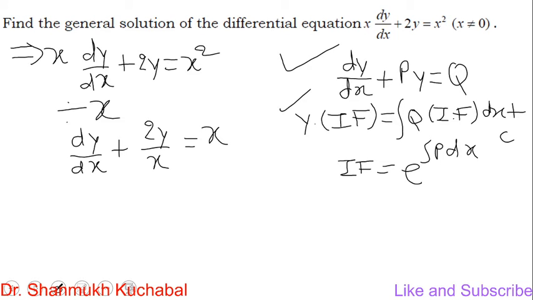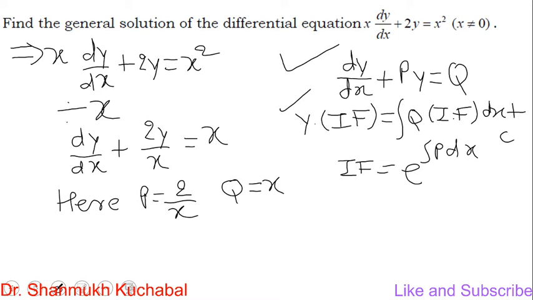Now comparing with the standard equation, we write the values of P and Q. The coefficient of y is P, so here P is 2 divided by x. Similarly, the RHS is Q, so here Q is x.